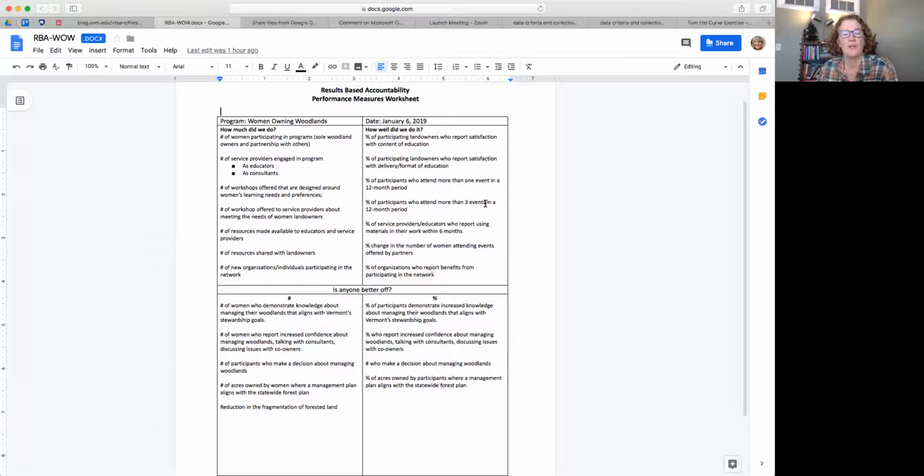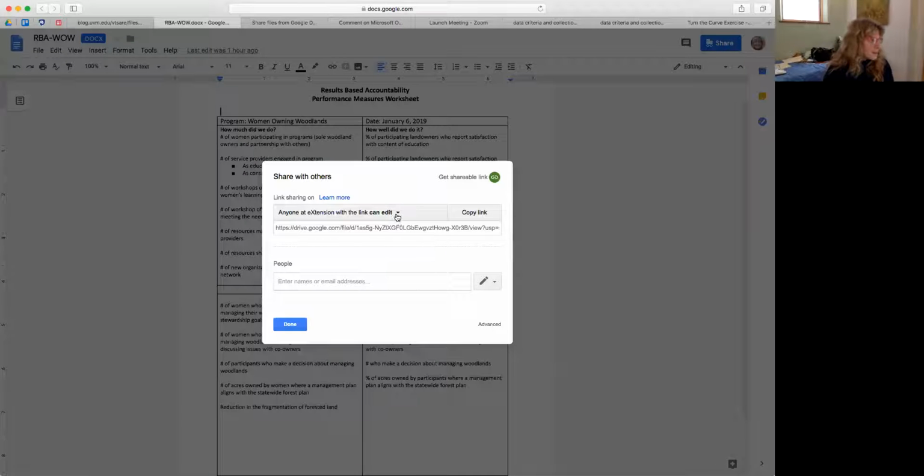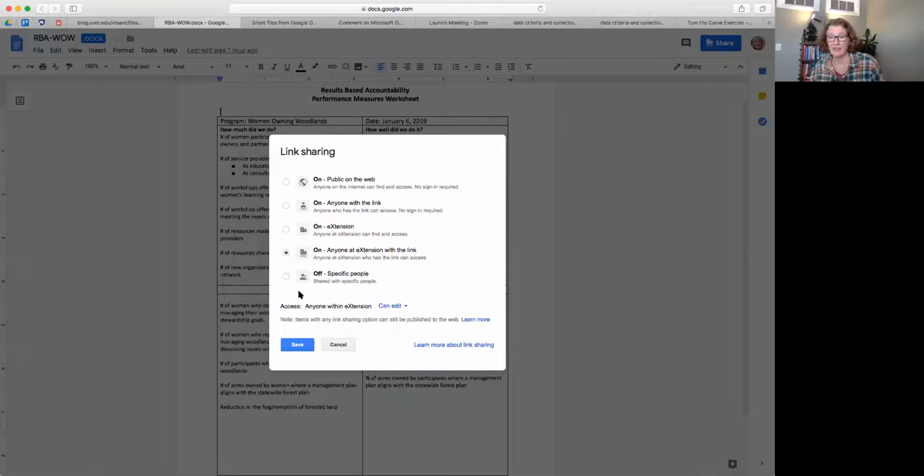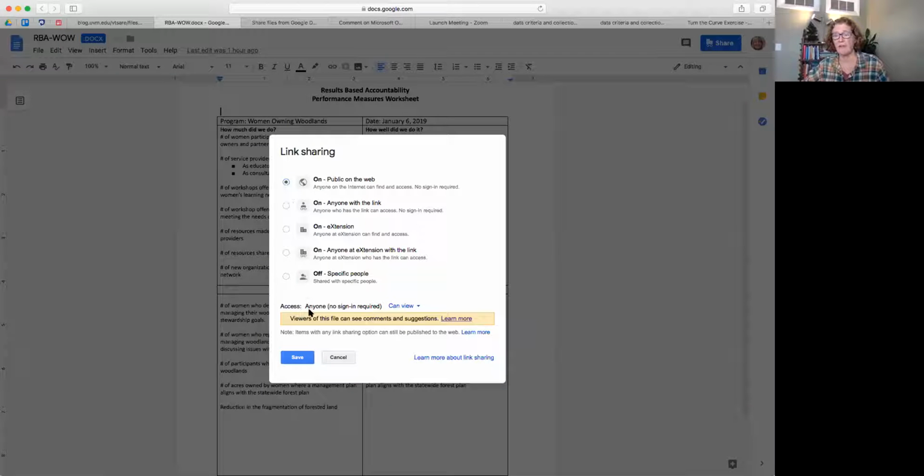Okay. So what I would do in this part of the conversation, and Beth, it's still not being shared, so I'm going to walk through the conversation while you try to figure out the sharing. What I would do is say, so first off, are there any questions about any of these measures? Does anyone think any of these measures belong in a how much, or is anyone better off?